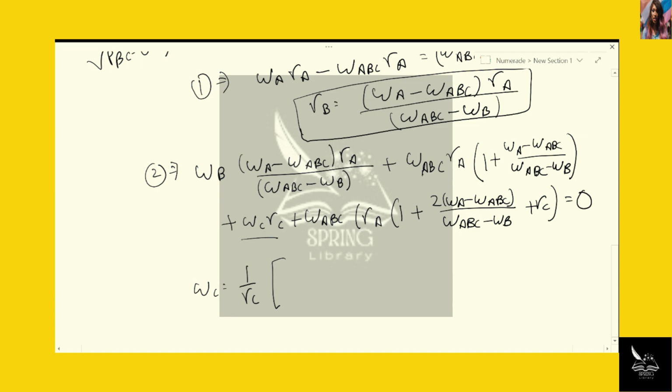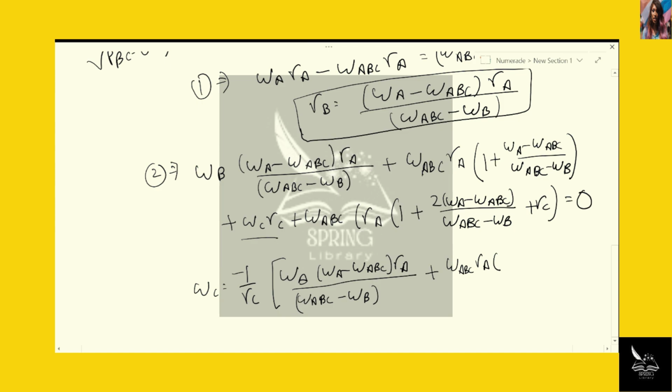So it's omega B times omega A minus omega ABC RA divided by, let's put a minus here for all of the terms, omega ABC minus omega B, plus omega ABC RA, and then on the top it will be omega ABC minus omega B.